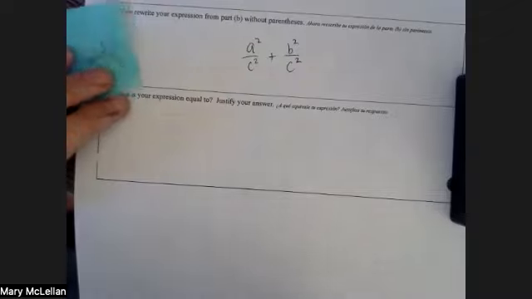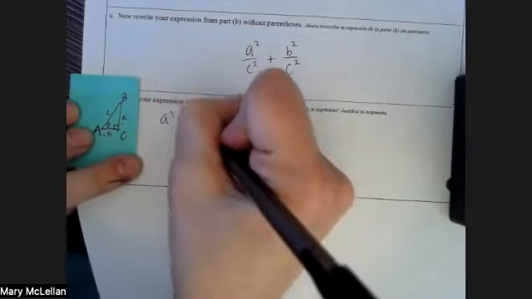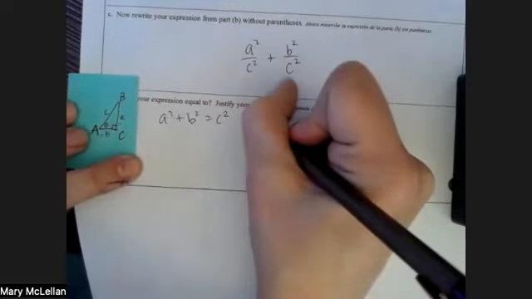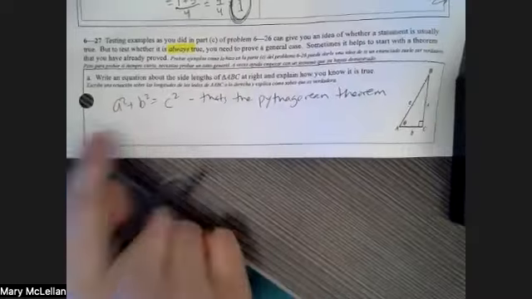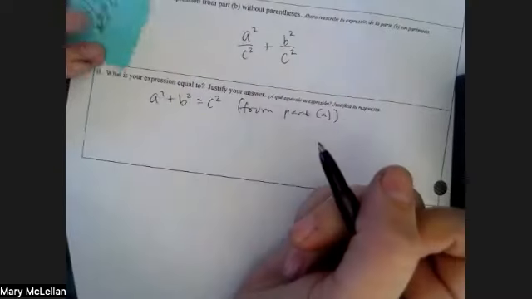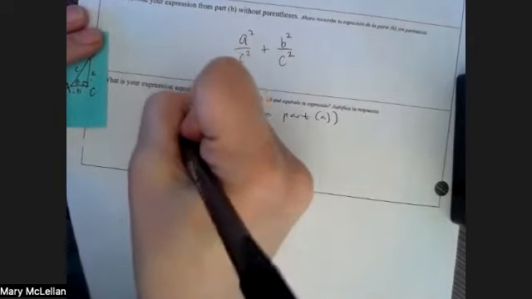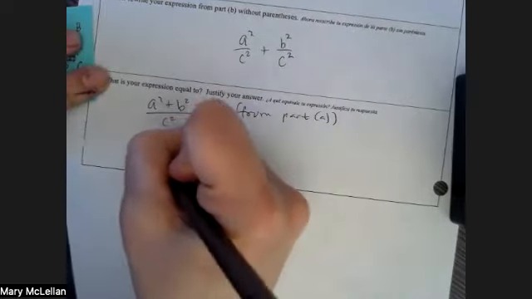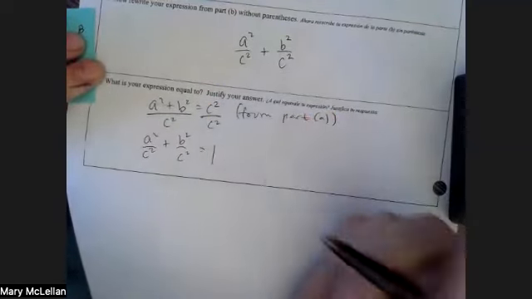What is my equation equal to? All right, I know where they're going with this. Do you remember when we said, I know that A squared plus B squared equals C squared from part A? That's where they're going with this. What they want you to recognize is that if I divide everything on both sides by C squared, I get A squared over C squared plus B squared over C squared equals C squared over C squared, which is 1.